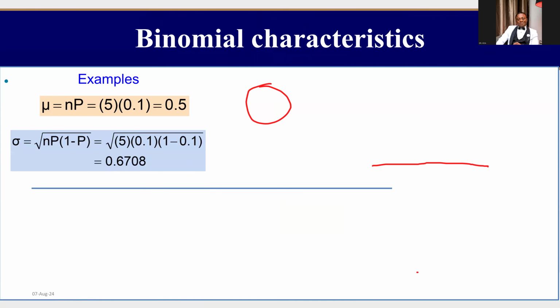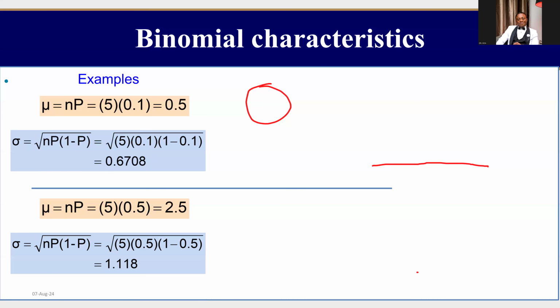The next thing is to find the standard deviation, which is the square root of the mean multiplied by the other bit of the probability. And then, of course, you can find another one if they change.